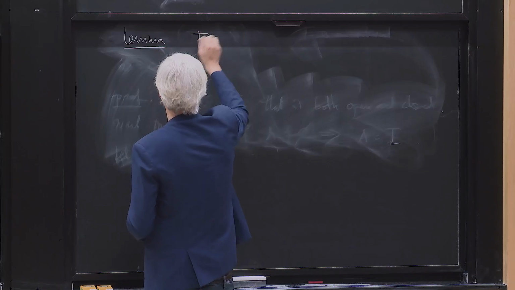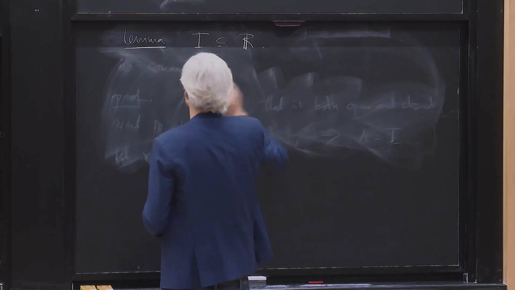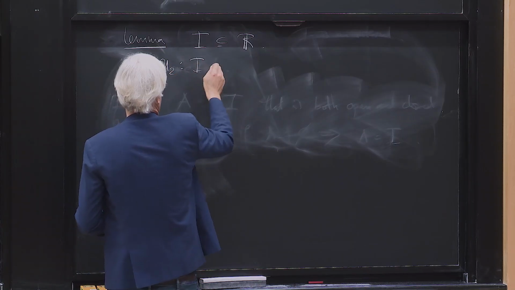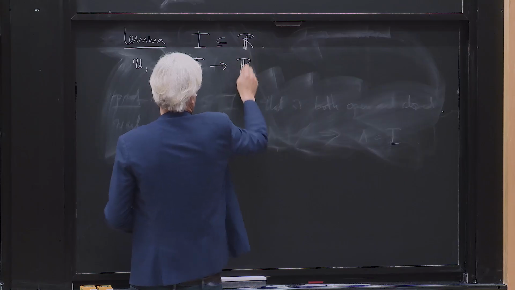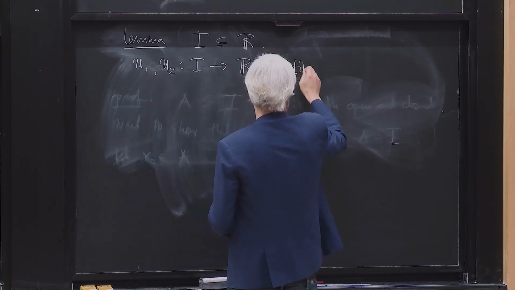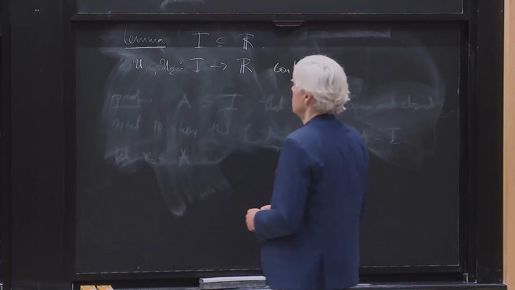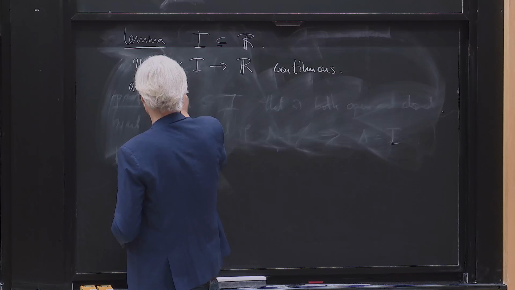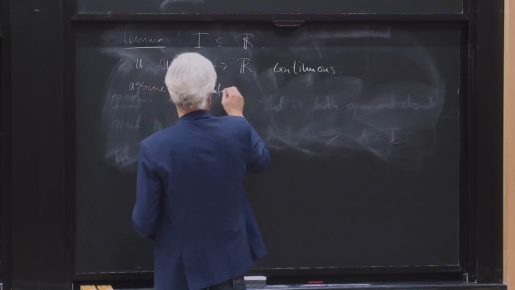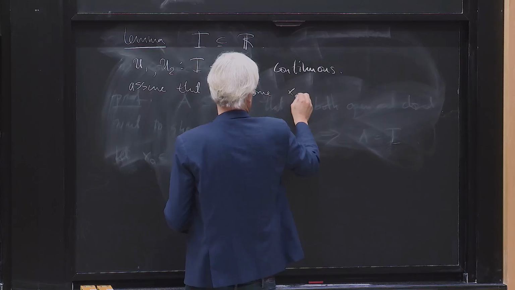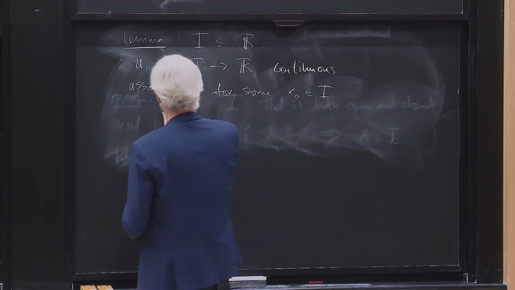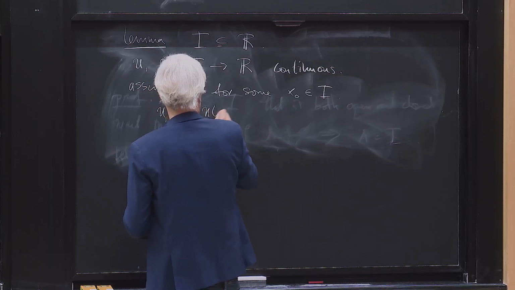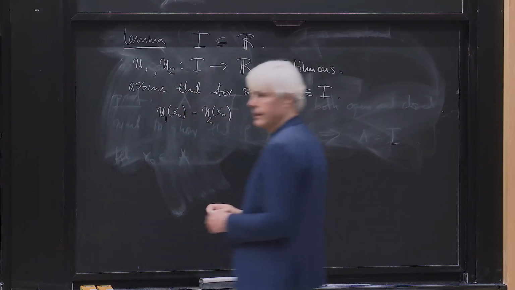Suppose you have an interval in R, and two functions, u1 and u2, defined on the interval, and they are both continuous. Then assume that for some x0 in the interval, u1 of x0 is equal to u2 of x0. So they coincide at one point.